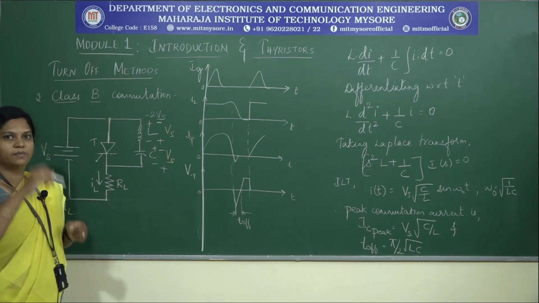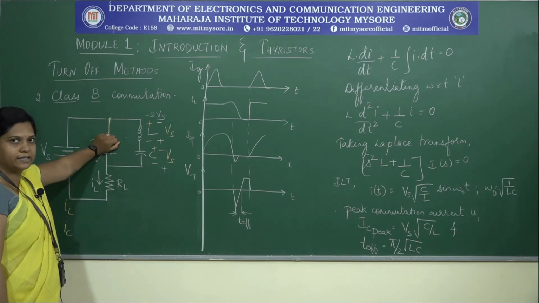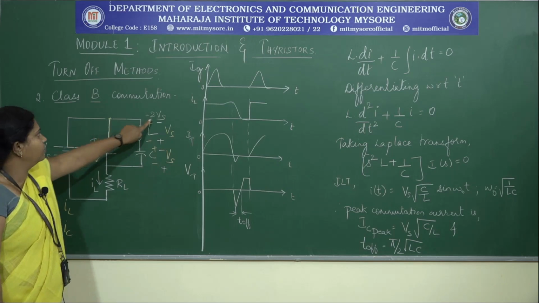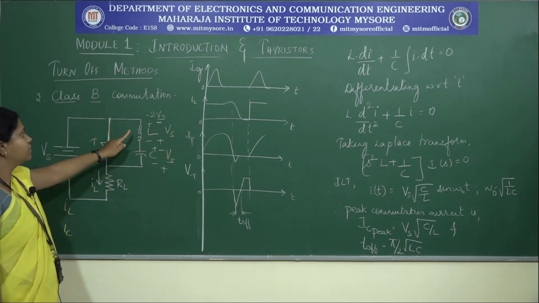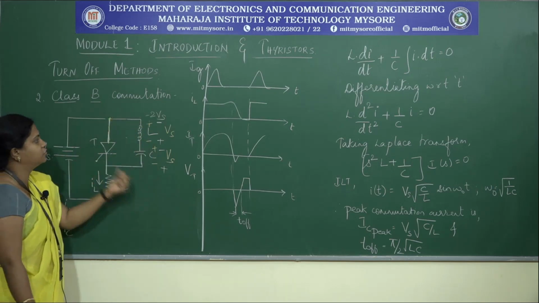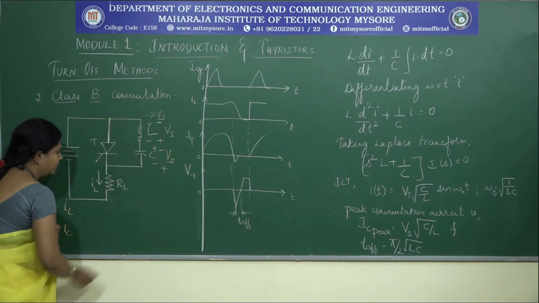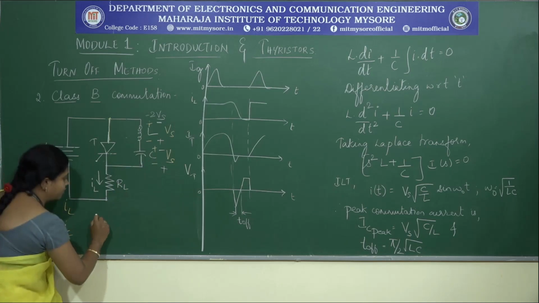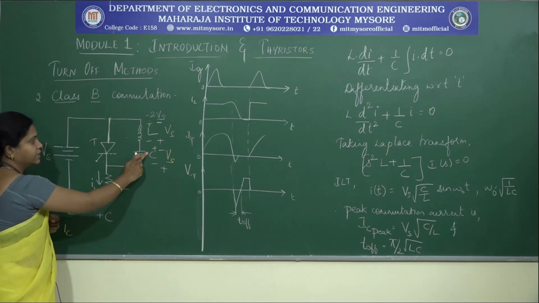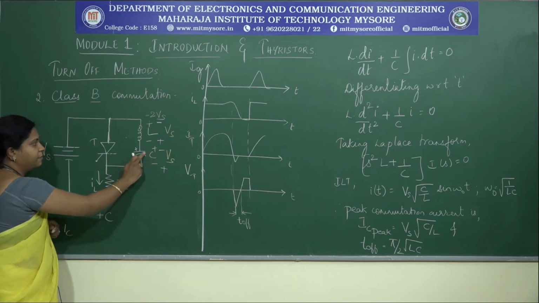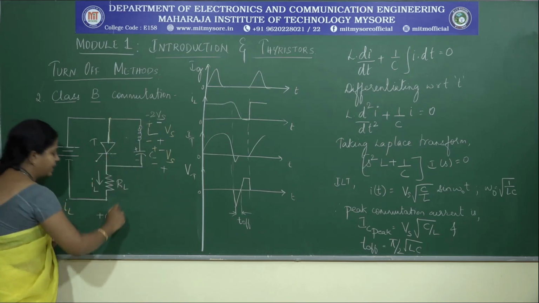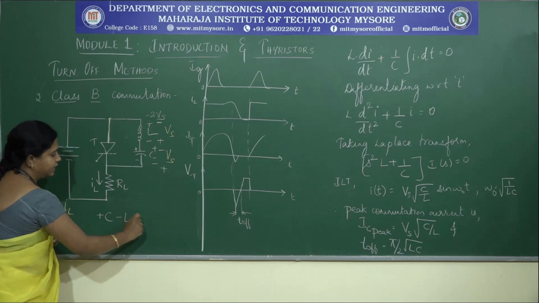this thyristor is made to go to its off state, because at the anode we are going to apply the negative voltage. So the path chosen by the current here will start from the positive plate of the capacitor. Let me say this is the positive and this is the negative plate. So from the positive plate of the capacitor it goes to the inductor.